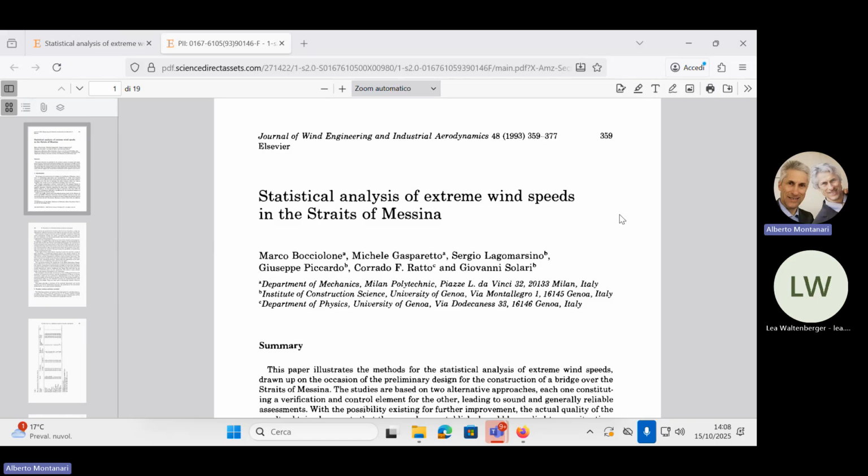Making a final comparison, we can see that the results of the simulations could be improved for sure.